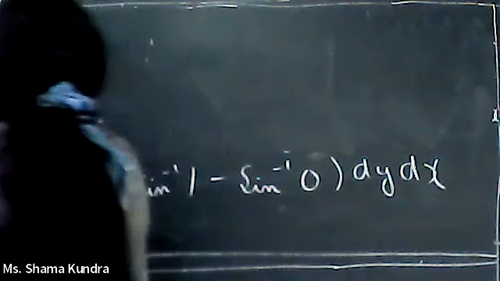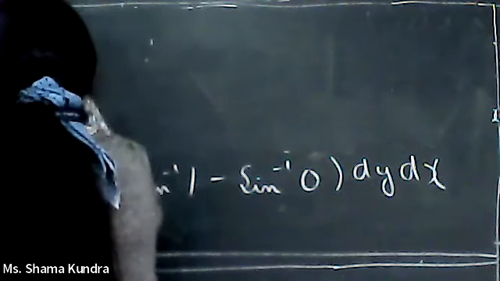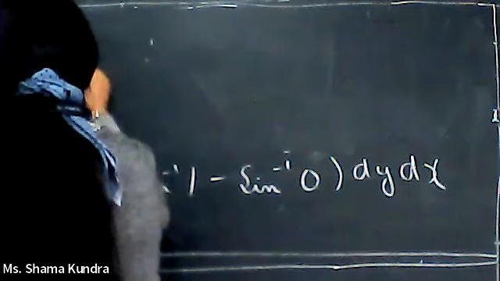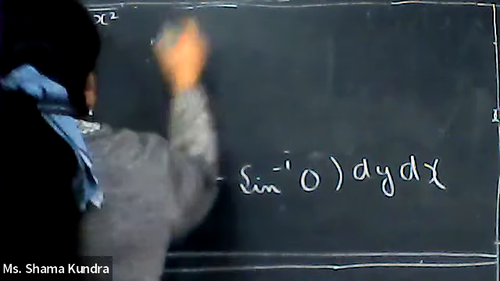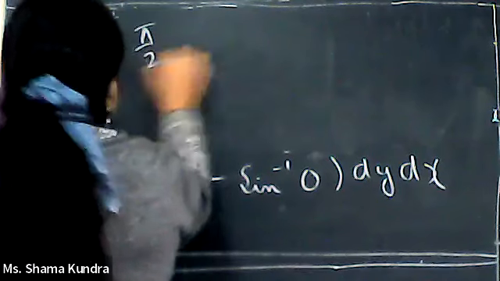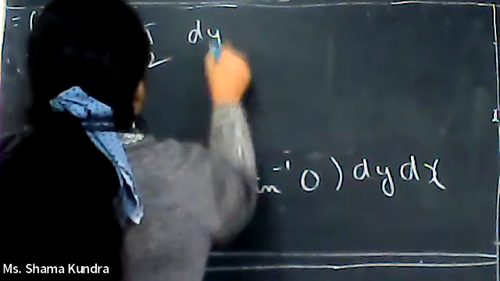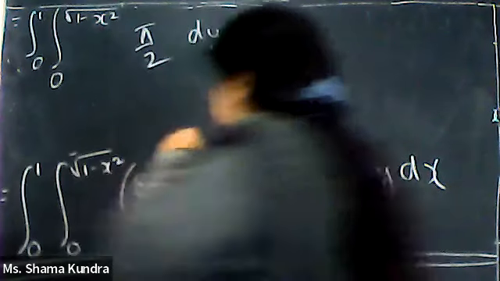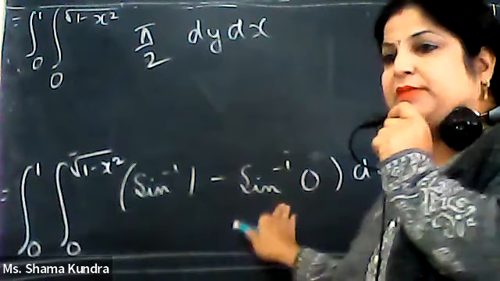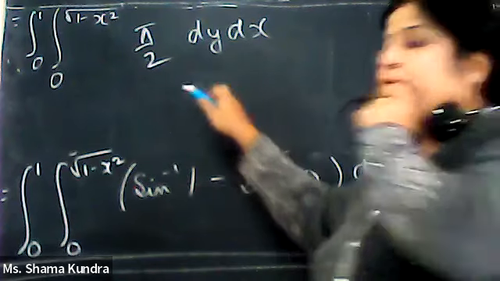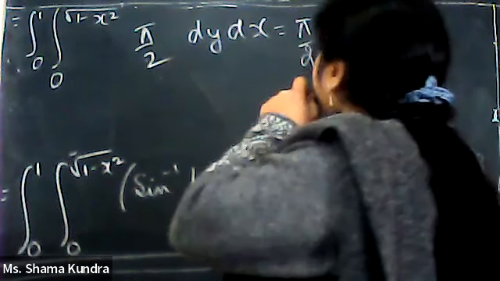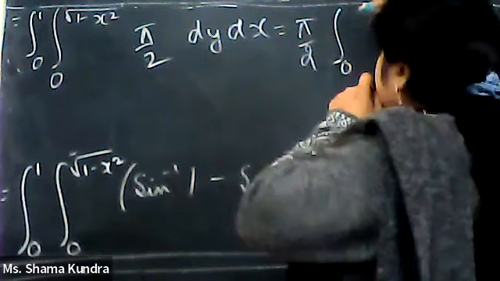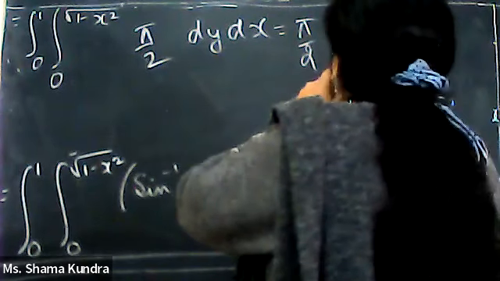So I will get the integral 0 to under root of 1 minus x square. Here it will become pi by 2, because sine inverse 1 is pi by 2 and sine inverse 0 is 0, dx. Now we can take the constant outside from the integral.